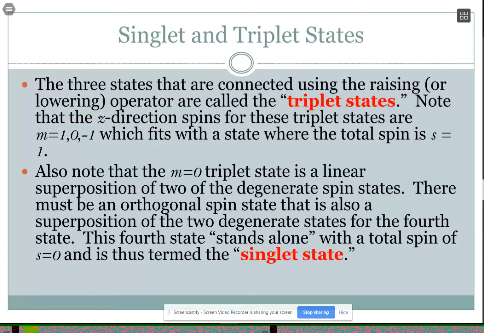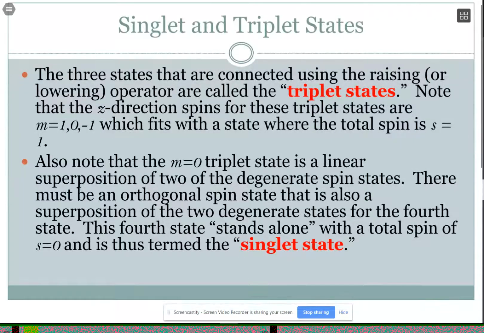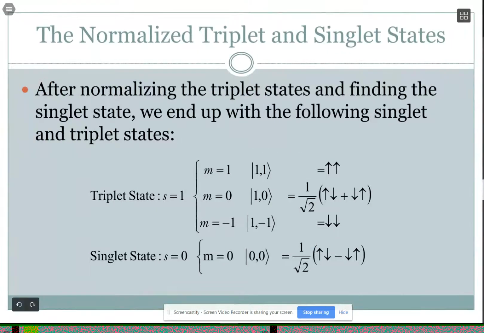So that's why we just list them with the singlet state. And yeah, look there. After doing all the work that we've done, there you have it.